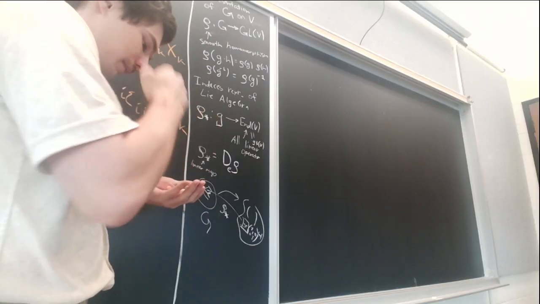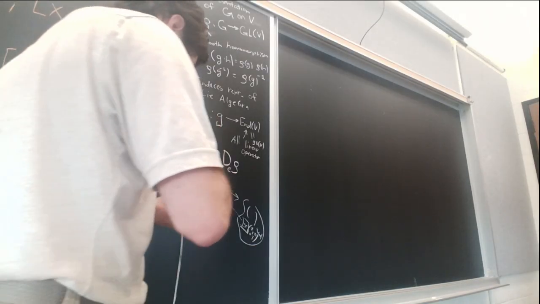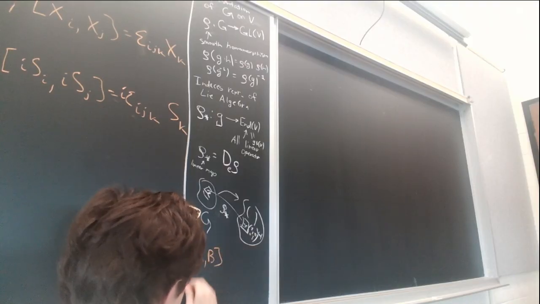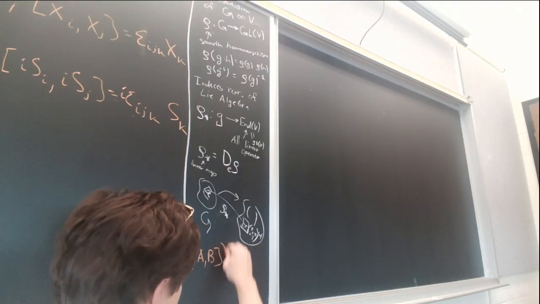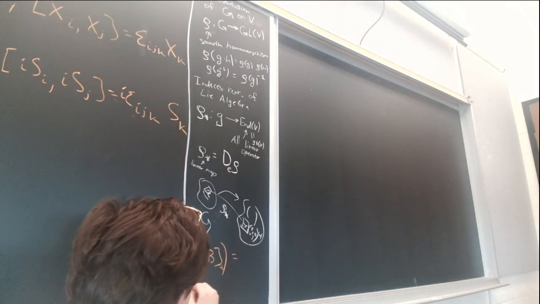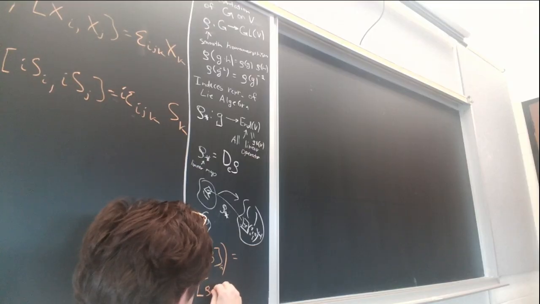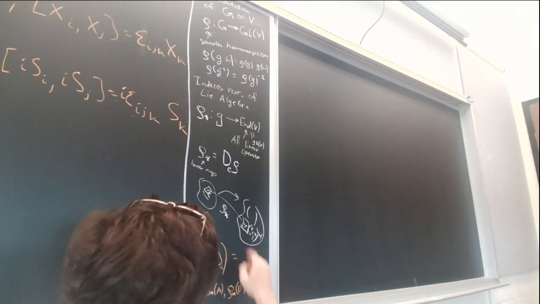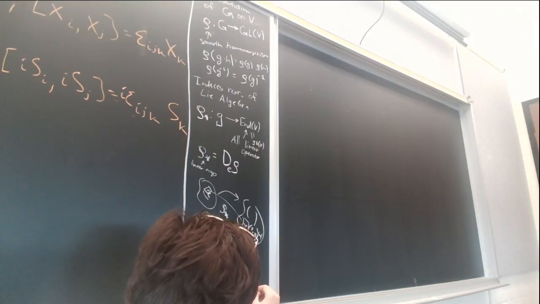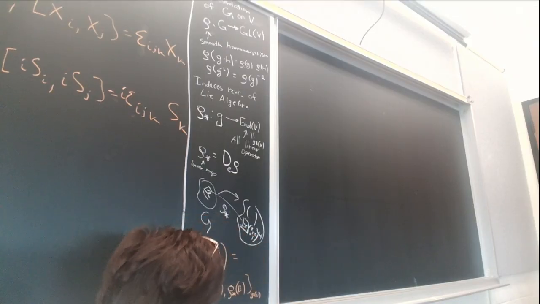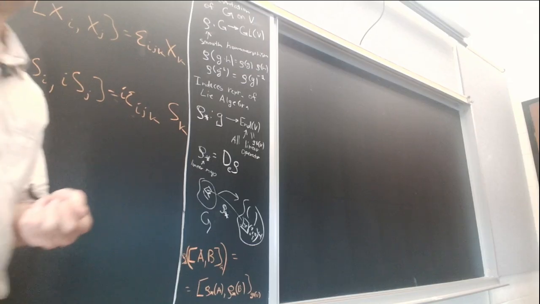Key property: if I have the Lie bracket of two elements A and B, and I apply rho star to this whole thing, this is the Lie bracket in G. This should be the bracket of rho star A and rho star B, in whatever the target space is, in little GLV. Okay, that's fine. Do you agree?